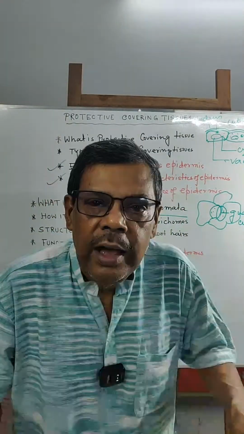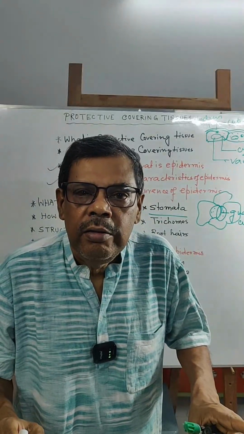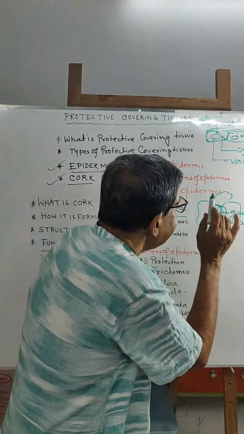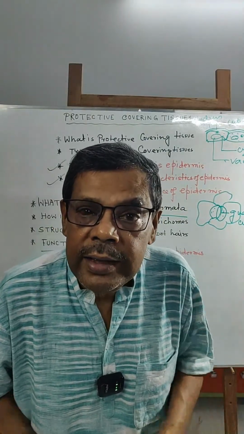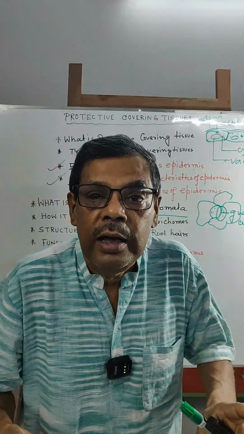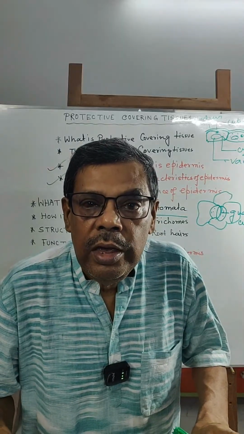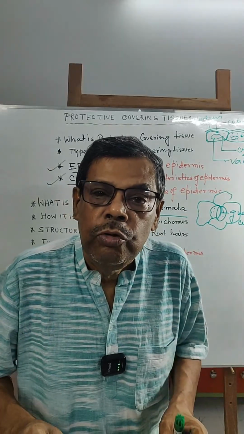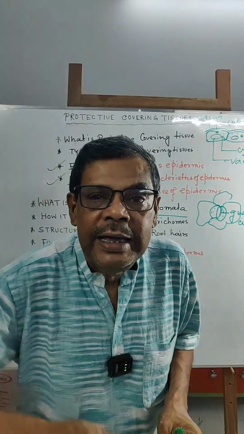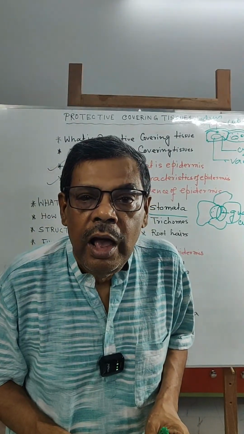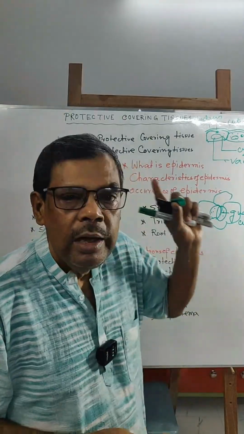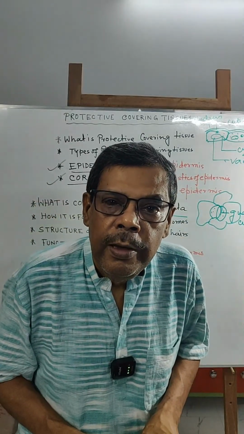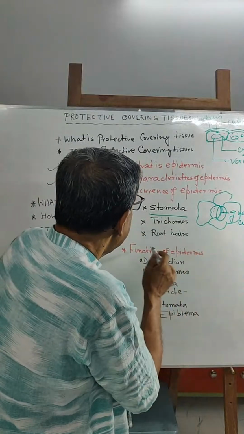The opening of the stomata is controlled by the guard cells. When stomata are open, they allow gaseous exchange and transpiration from the leaves.